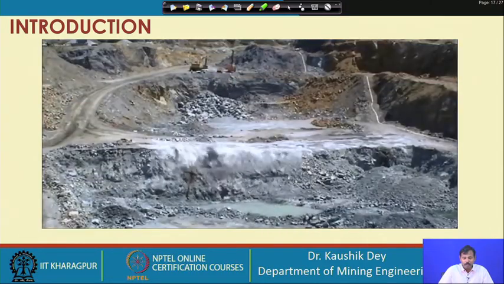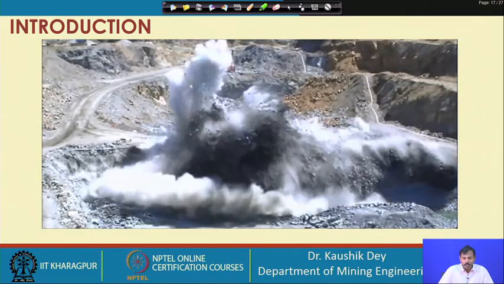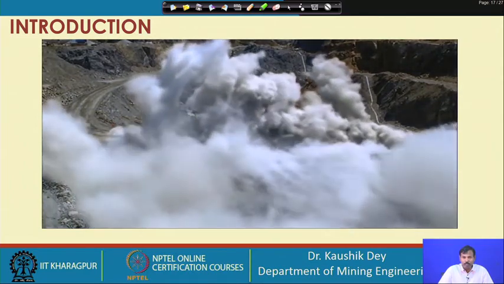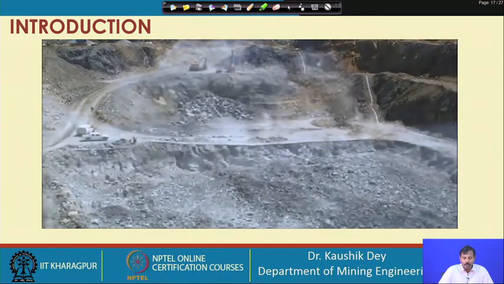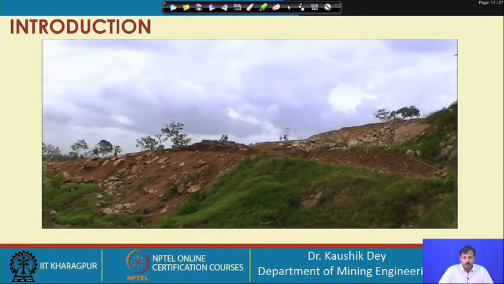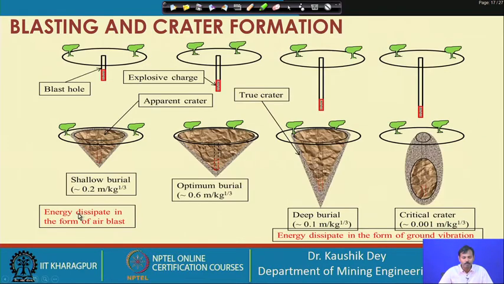In all these benches, explosion is carried out through explosives placed inside the rock mass through a hole, and then the explosives are detonated and shock pressure is released, and in this way we are fragmenting the rock. So, first let us understand what a crater is.